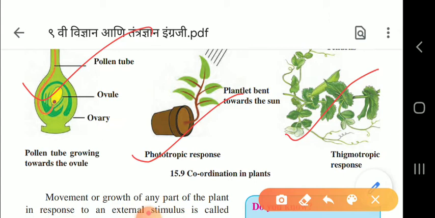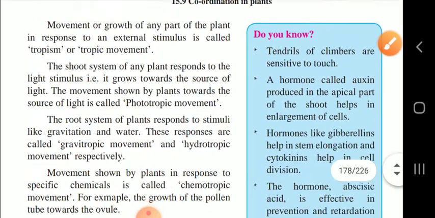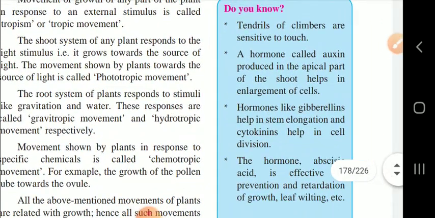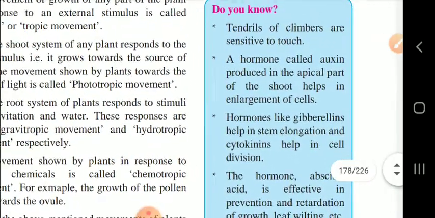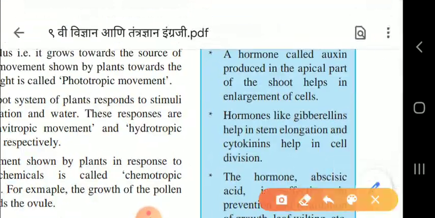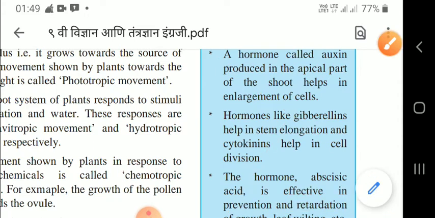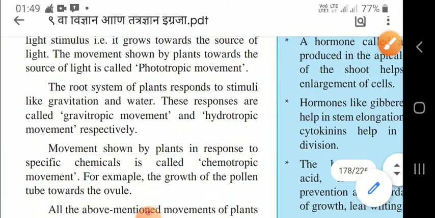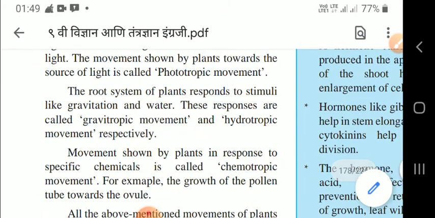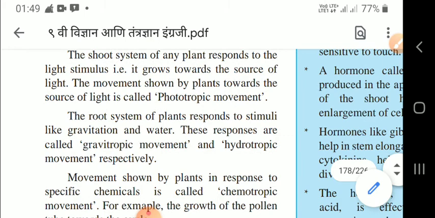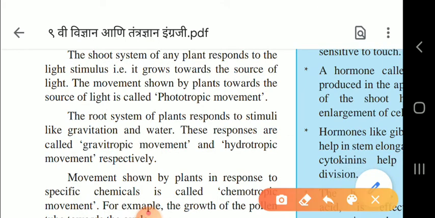So now, children, one thing I'll tell you, this portion is cancelled out. This is omitted for you fully. Okay? And the definitions, all of this you have to underline.